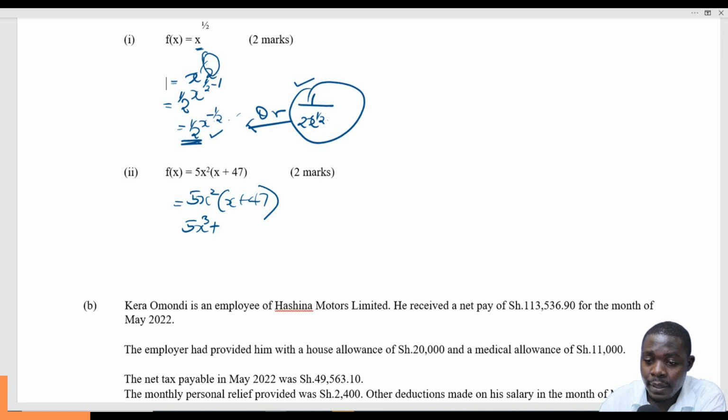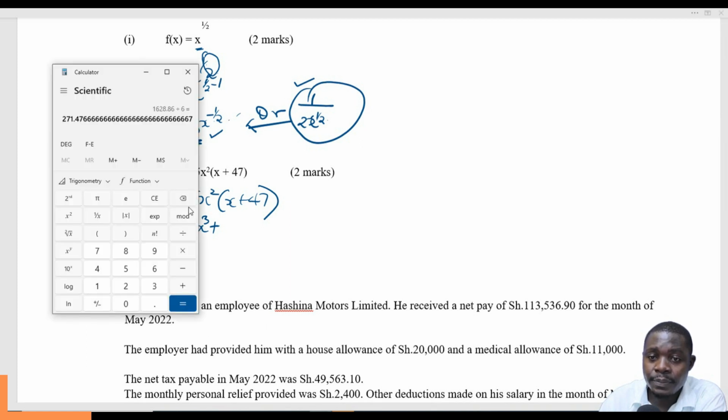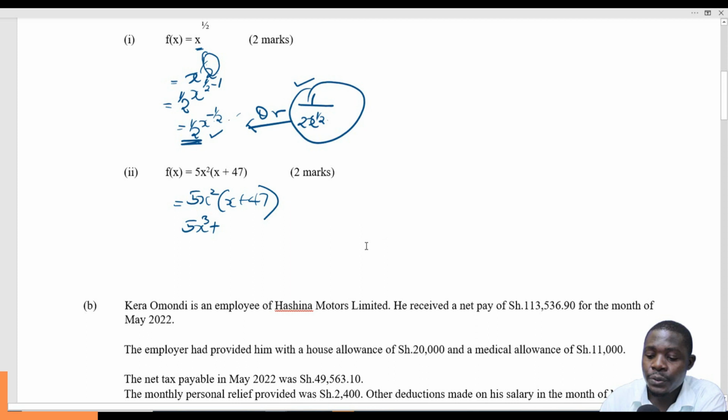Let me use our calculator. 47 multiplied by 5, you get 235. 235, we record it here.